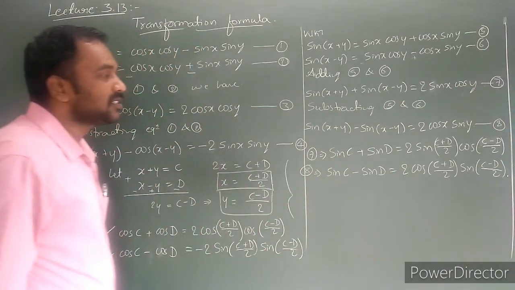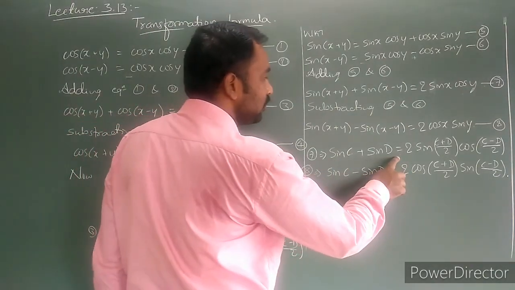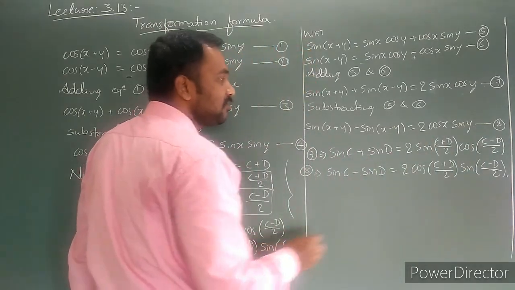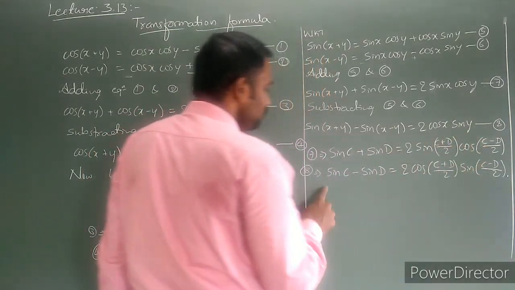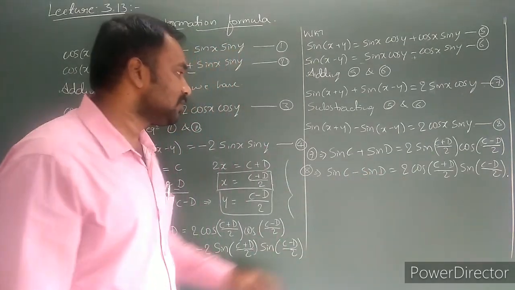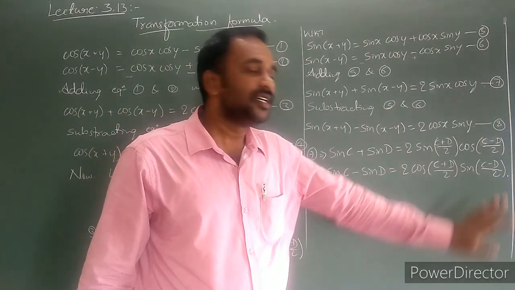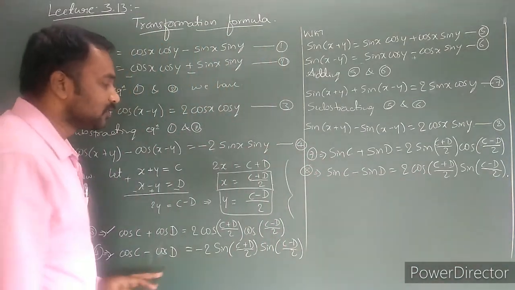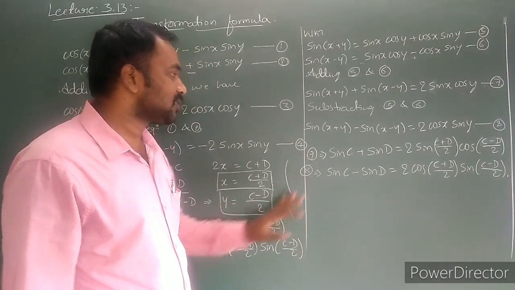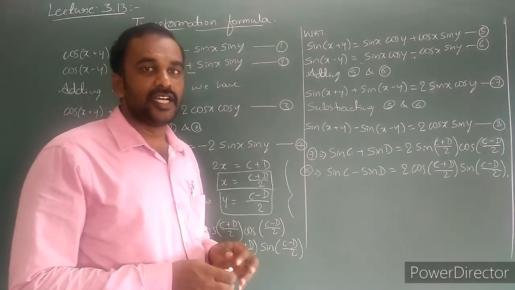Similarly, sin c plus sin d is equal to 2 sin of c plus d by 2 into cos of c minus d by 2. Sin c minus sin d is equal to 2 cos of c plus d by 2 into sin of c minus d by 2. So these 4 formulas we have to compulsorily remember. Based on these formulas, we are going to solve the problems.